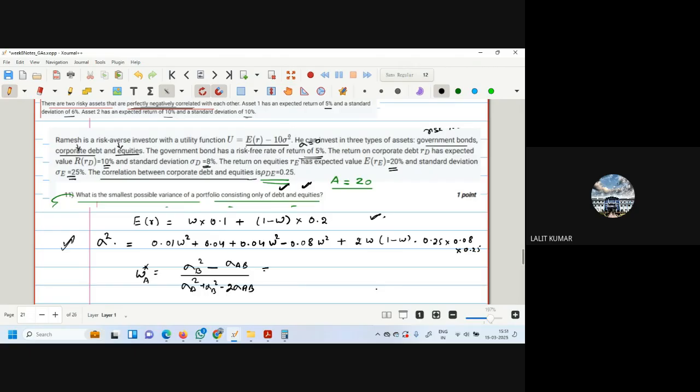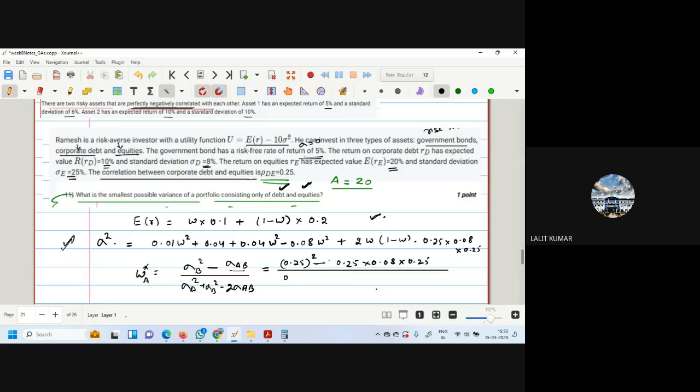So you put the values here. Sigma B is 0.25, so 0.25 square, minus the correlation coefficient into 0.08 into 0.25, and put the values here.